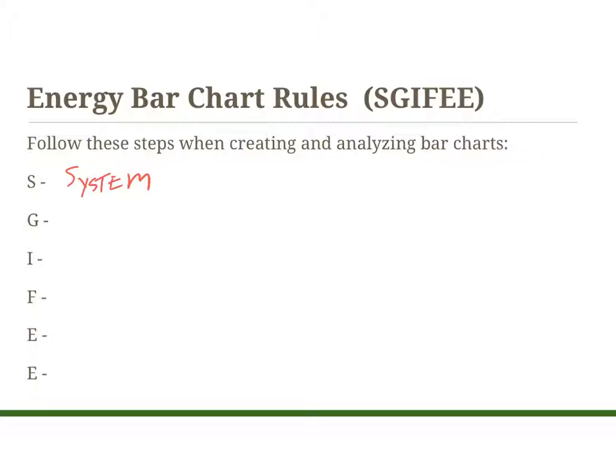G would be identify gravitational energy at its lowest. And sometimes gravitational energy might not be present in your system, but you still should identify if it's there or not.